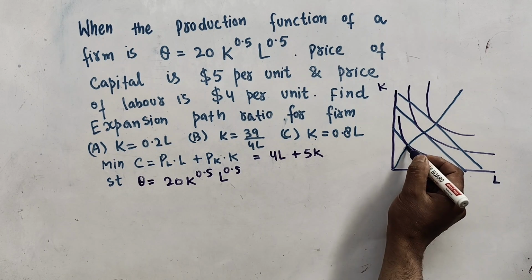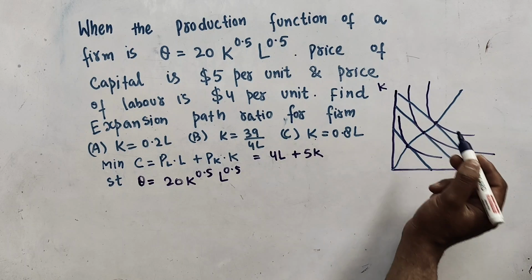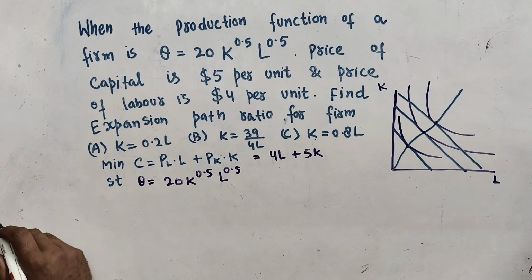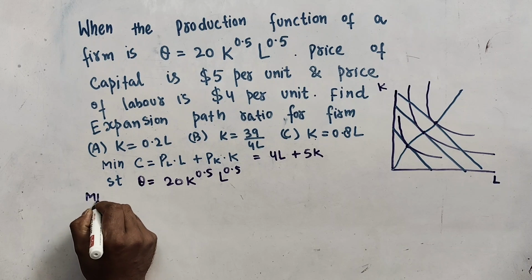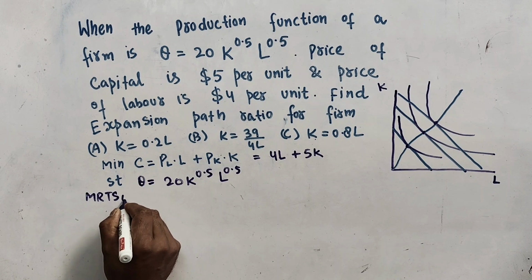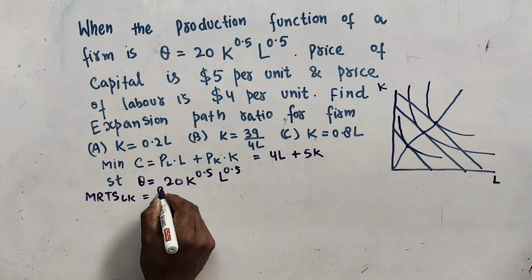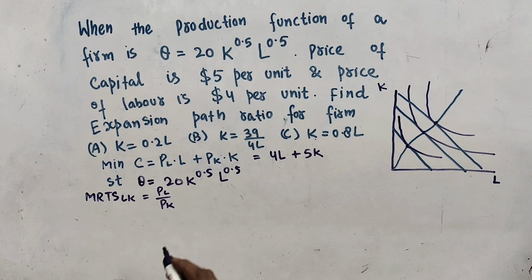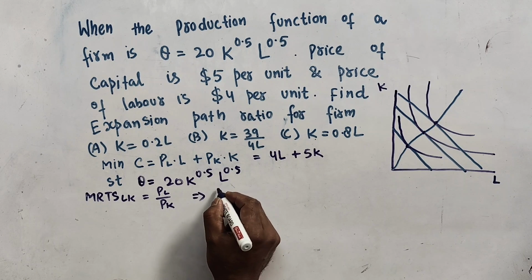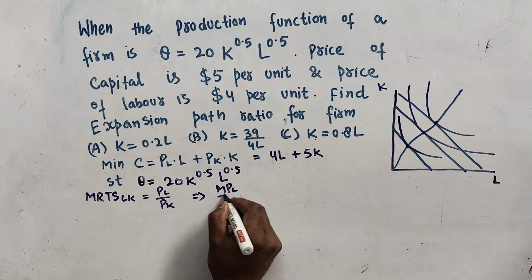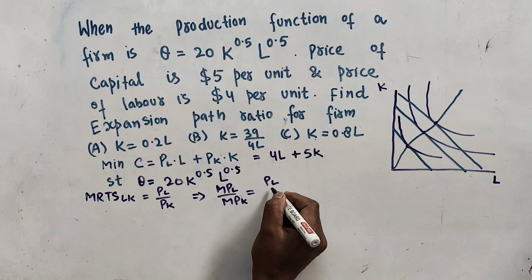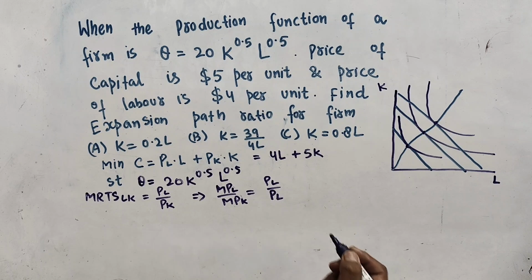Now for these optimal points, what condition is required to be satisfied? At the optimum, the marginal rate of technical substitution between labor and capital should be equal to the price of labor upon price of capital. MRTS, as we know, is simply the ratio of the marginal product of labor upon the marginal product of capital. It should be equal to the ratio of the prices, price of labor upon price of capital.